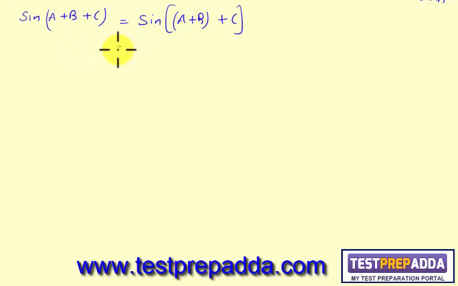Now I will use the sin(A + B) formula. It will be sin A cos B plus cos A sin B. Got it? So in place of A, I'm writing A + B. In place of B, I'm writing C.